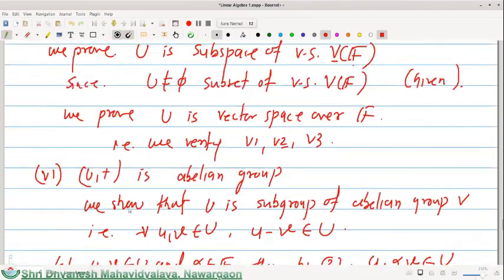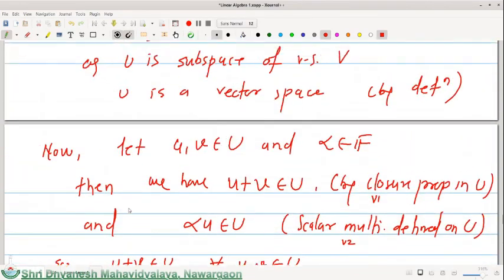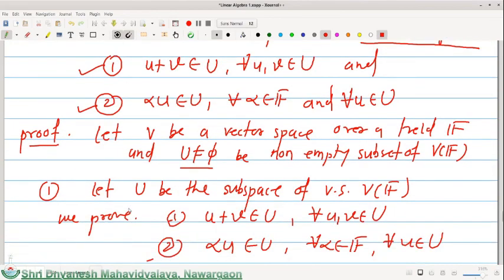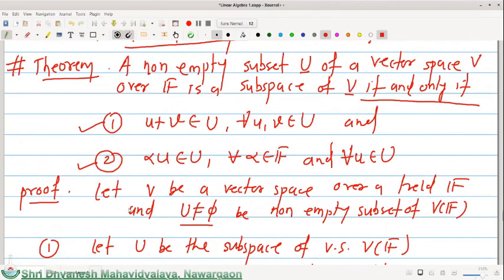So you just remember that a non-empty set U will be a subspace of a vector space V if these two conditions are verified.